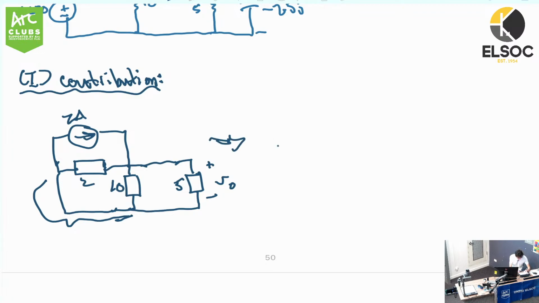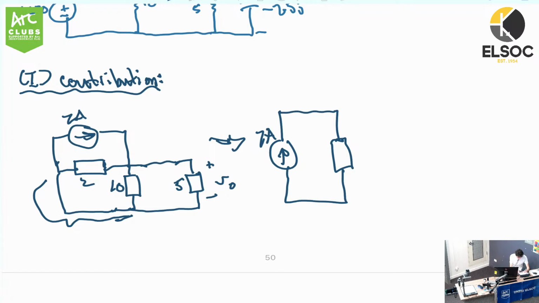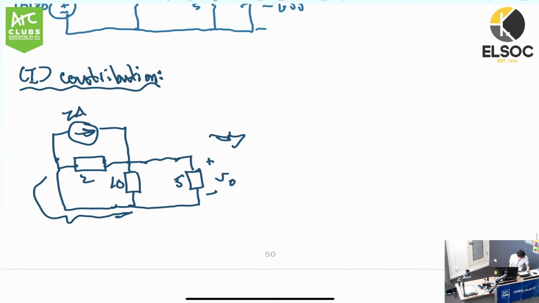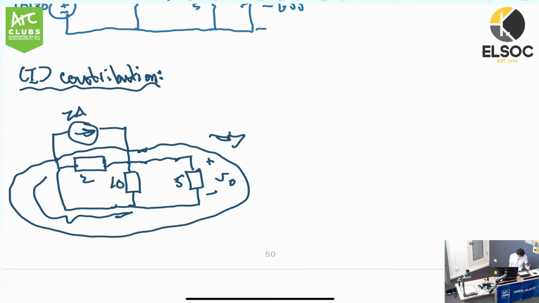If I redraw it and rotate the circuit, we'll get 2 amps connected to the equivalent resistance between those two, and then the 5 ohm. Oh, actually, no, because I don't want the current, I just want the voltage. Never mind. I can just simplify all of these in parallel, and then I can just do Ohm's law essentially.